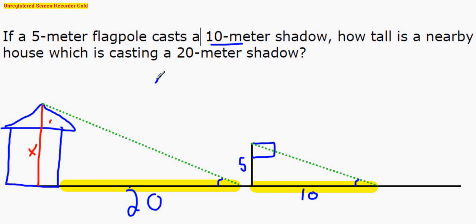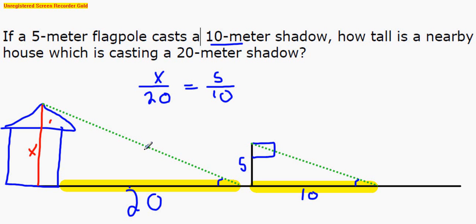So if I say this is x, that goes on top of my fraction in the numerator. Then this 5 also needs to go on top, so those go together. The x and the 20 are going together, and the only number left is the 10, so that's going to go on the bottom as well.